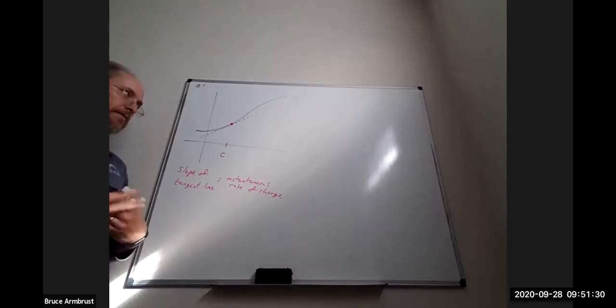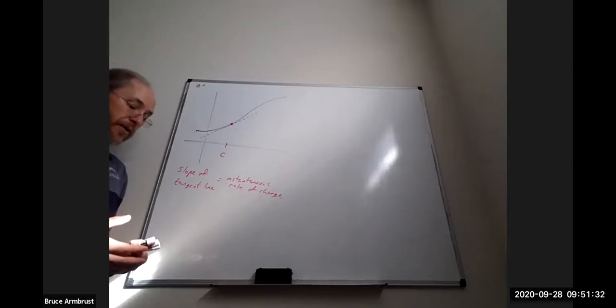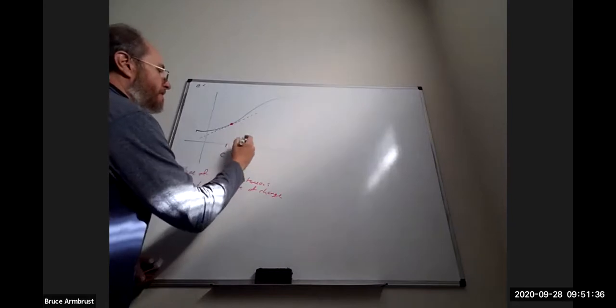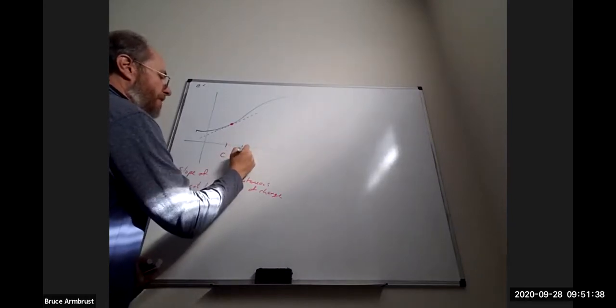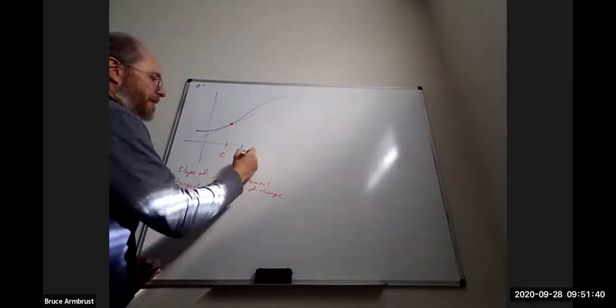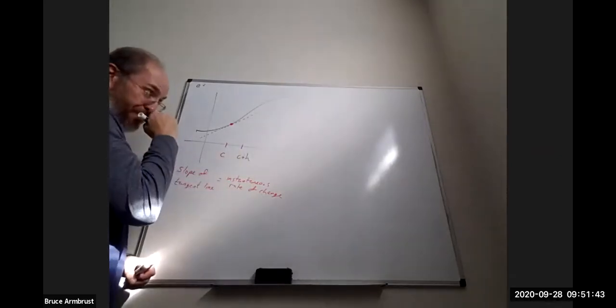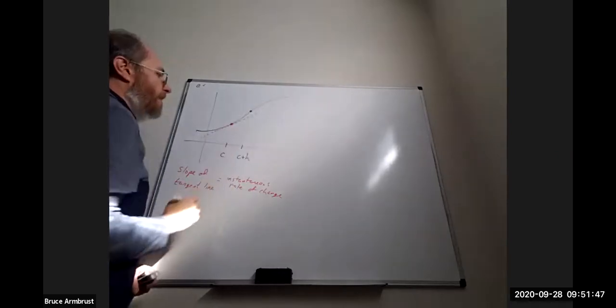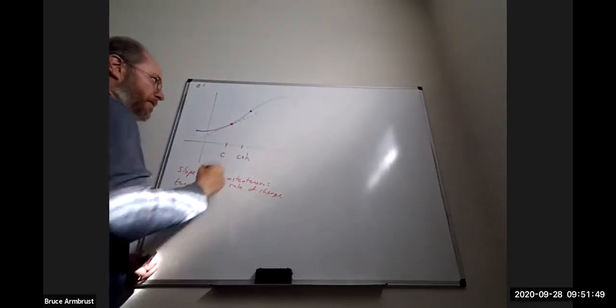So the trick to this, the workaround, was to find a second point somewhere a little bit further out here. I'm going to call this C plus, say, H, and find its function value.